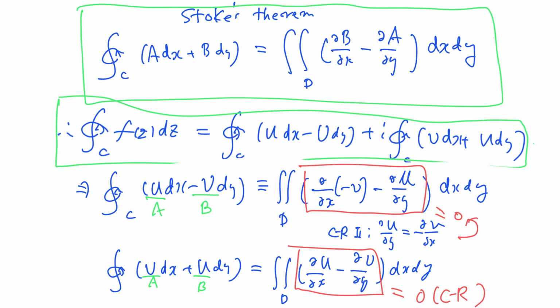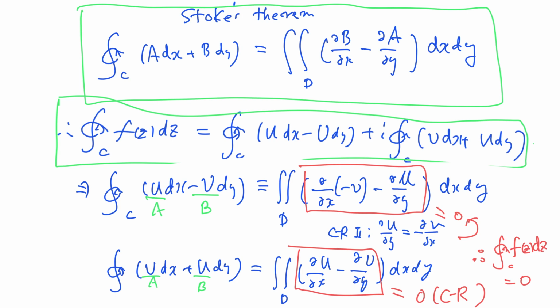Assuming the Stokes theorem is true, then you can show that this real part and imaginary part are all 0, right? So therefore, if the Cauchy-Riemann condition is satisfied, then f(z) is differentiable.